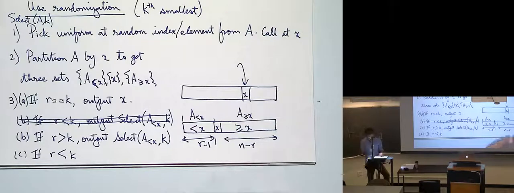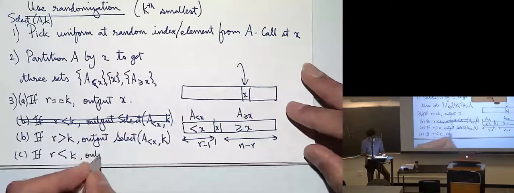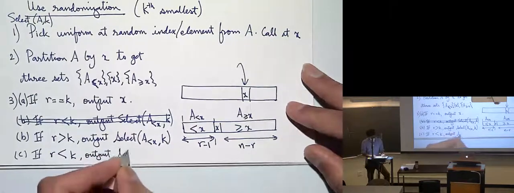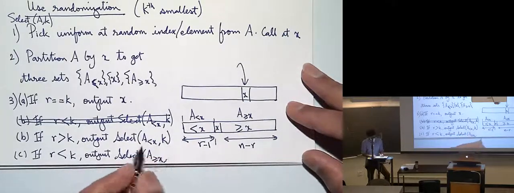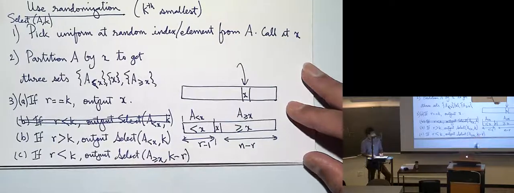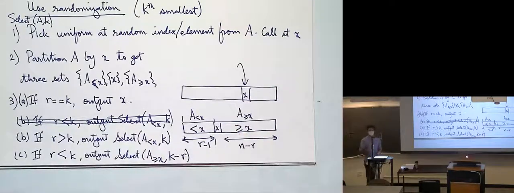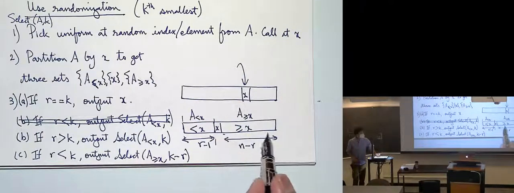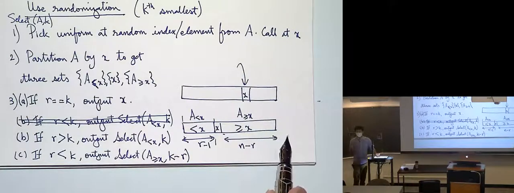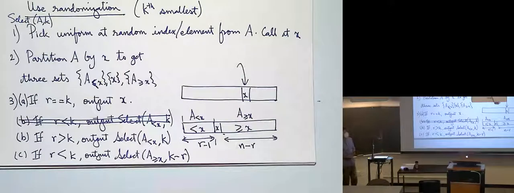You output select A greater than or equal to X of K minus R, because you remove the first R elements, right? It's the K minus Rth element in this portion, right? So this is my randomized select algorithm. Does this make sense?